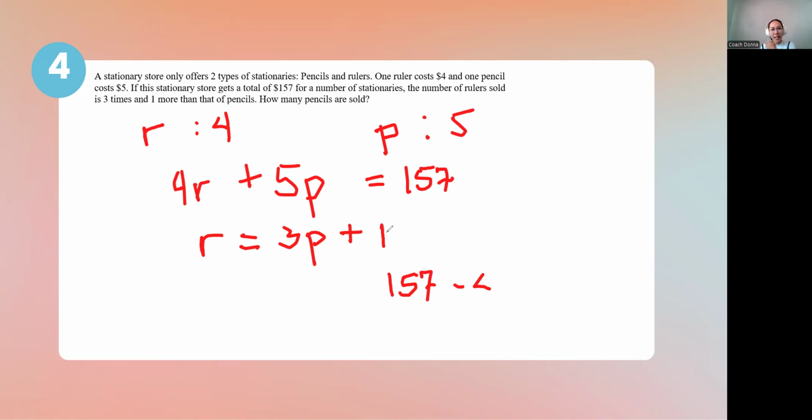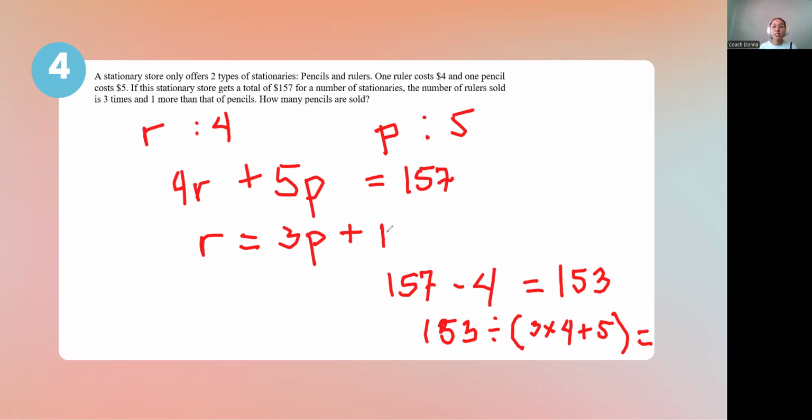So from that, from 153, you can actually just divide it by 3, the quantity of 3 times 4 plus 5, equals a certain number. 3 times 4 is 12 plus 5, that's 22. 153 divided by 22.